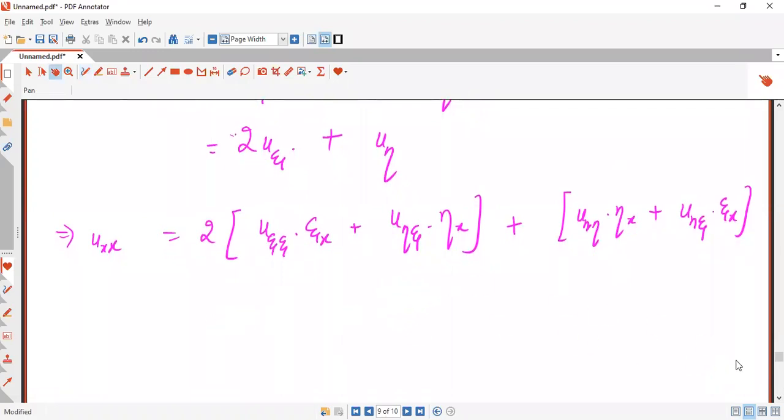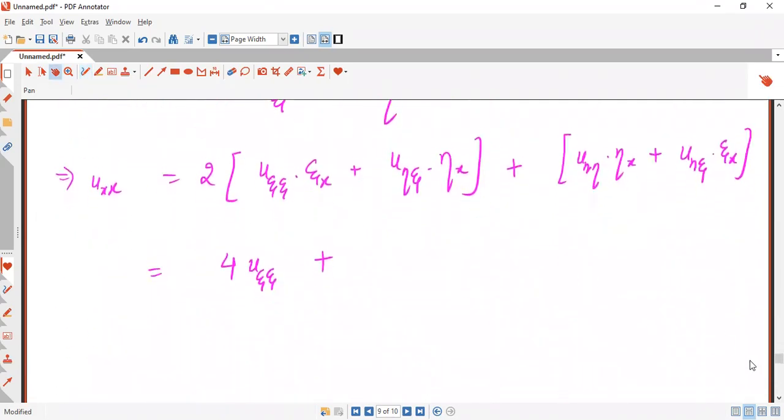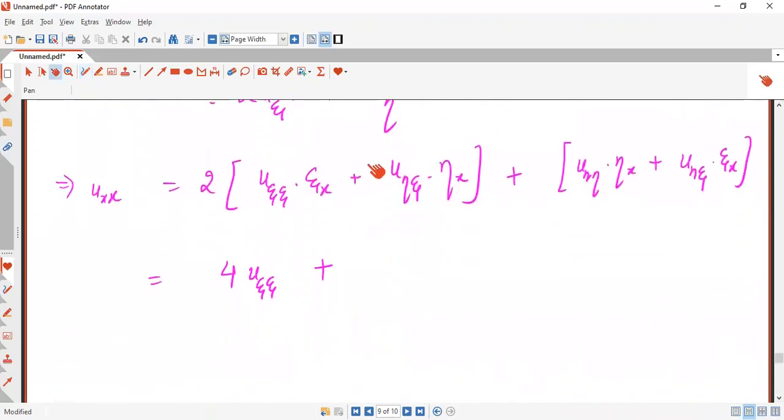Let's find the values and substitute. Xi x was 2, it will become 4. I'm just writing it very quickly, so do it carefully by yourself. Eta x is 1, so it will become u xi eta 2 times, 3 times. Xi x is what? 2. So 2 plus 2 will become 4. So 4 u xi xi plus 4 u xi eta plus u eta eta, eta x is 1. This we have got as uxx.